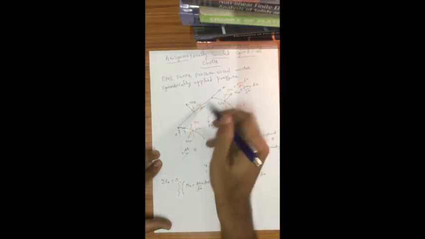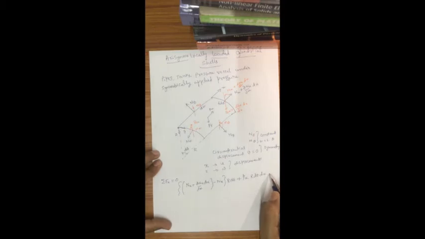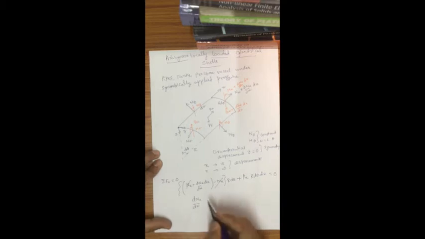R d theta dx is the area of this shell geometry. So this is equal to 0. By simplifying, nx can be removed, and r d theta dx can be removed, so I can write dnx by dx plus px equal to 0. I'll call this equation number 1.